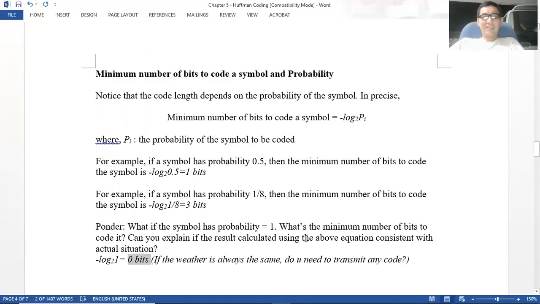Is this consistent with the fact? Actually it is. If a weather condition is always the same, do you bother to send any code? If you know that the weather there is always sunny, then there is no information that you need to transmit because it's always sunny. So there's nothing to transmit, therefore 0 bits.